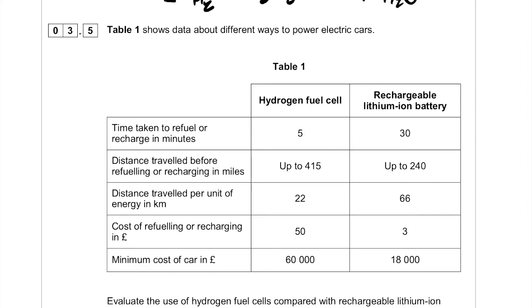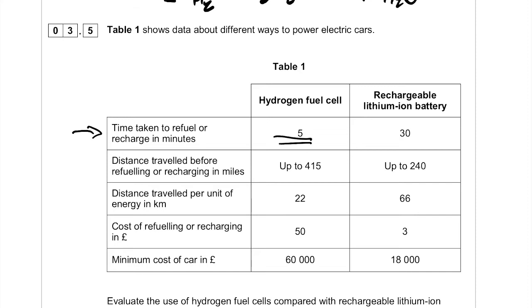So if, say, I want to say that hydrogen fuel cell is better than the lithium-ion battery, then first of all, we are going to talk about the time taken to refuel and recharge. So it's much faster to refuel a hydrogen fuel cell car than charging a battery.